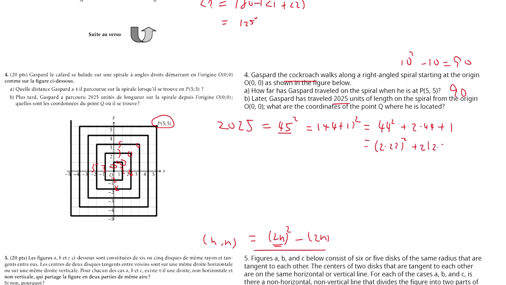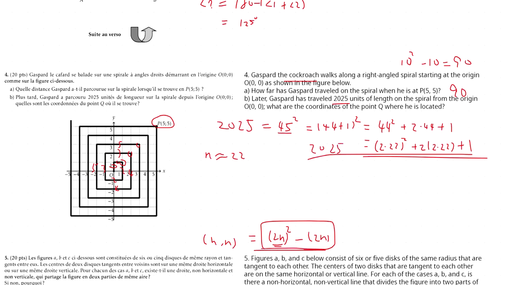Just compare our formula with this expression. So we say n is likely close to 22. But of course, 2025 is larger than the value of the formula when n is 22, meaning that we need to go further a little bit.